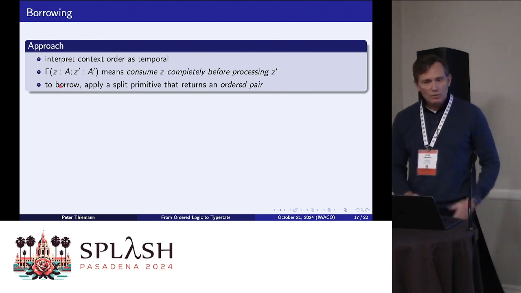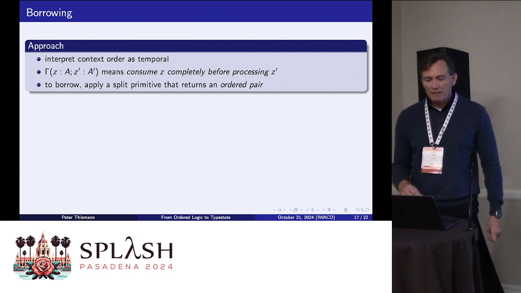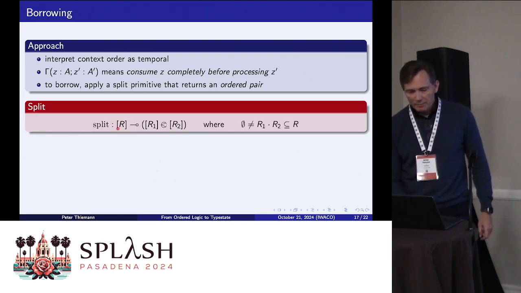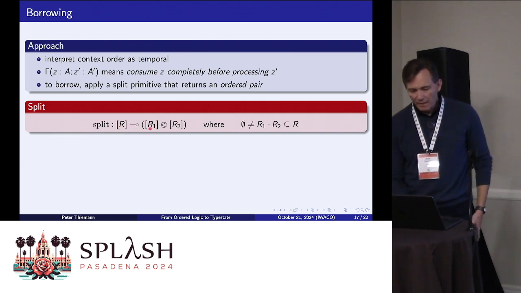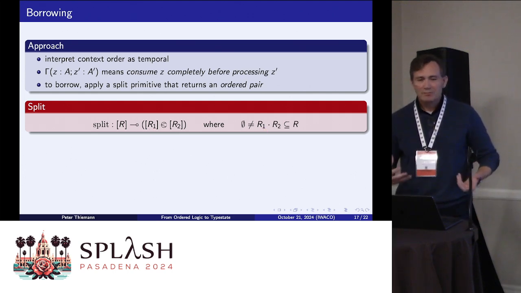In order to do something like a borrow, I need to apply a split primitive that returns an ordered pair. So that looks like this. Suppose you have a handle that's described by these future traces R, then split returns an ordered pair, where the first component is some R1, and usually that's what you are asking for the borrow to be.